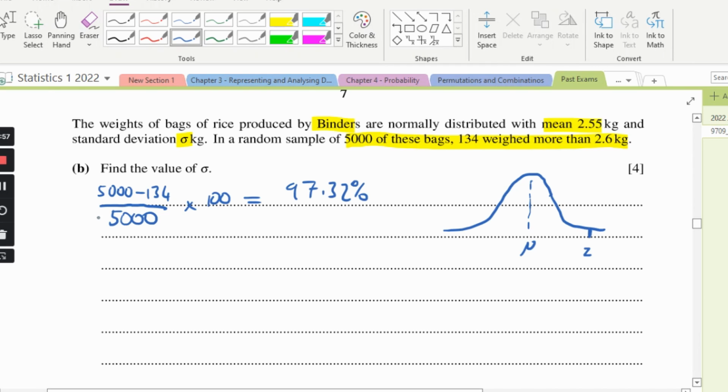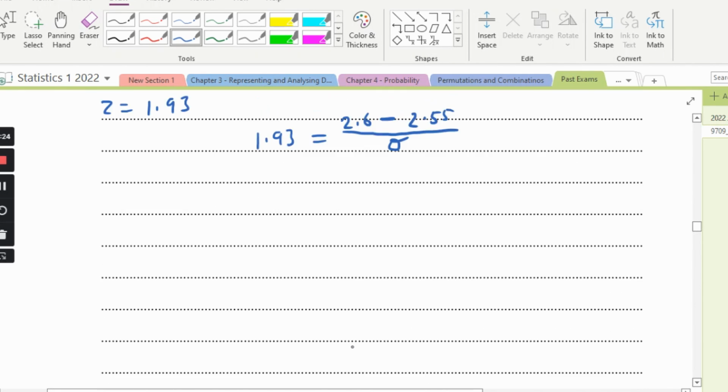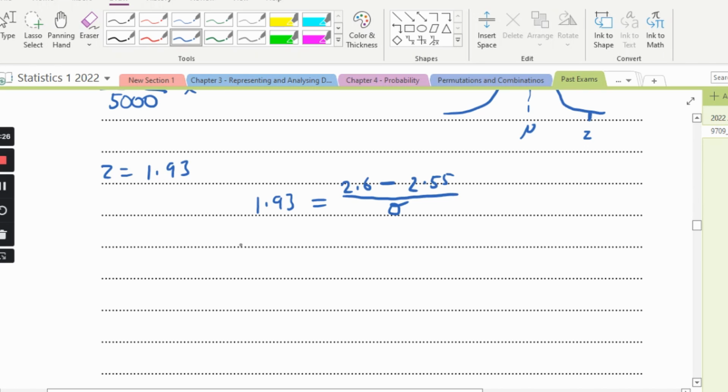So Z equals 1.93. Now we can plug this into our equation. So 1.93 is equal to 2.6, which is the value where 97% is lower than it, subtract our mean, which is 2.55, and then we're going to divide that by the standard deviation, which we don't know, and so we can do some rearrangement to find out what standard deviation is.